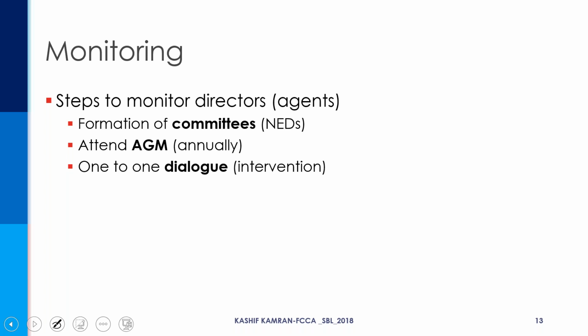You cannot leave the agent without controls, without check and balance, because you can imagine yourself, right? If we are without check and balance, if we are without invigilation, we can do wrong things. There should be a check and balance on us. So the steps to monitor the director. First of all, NEDs should monitor the agent.